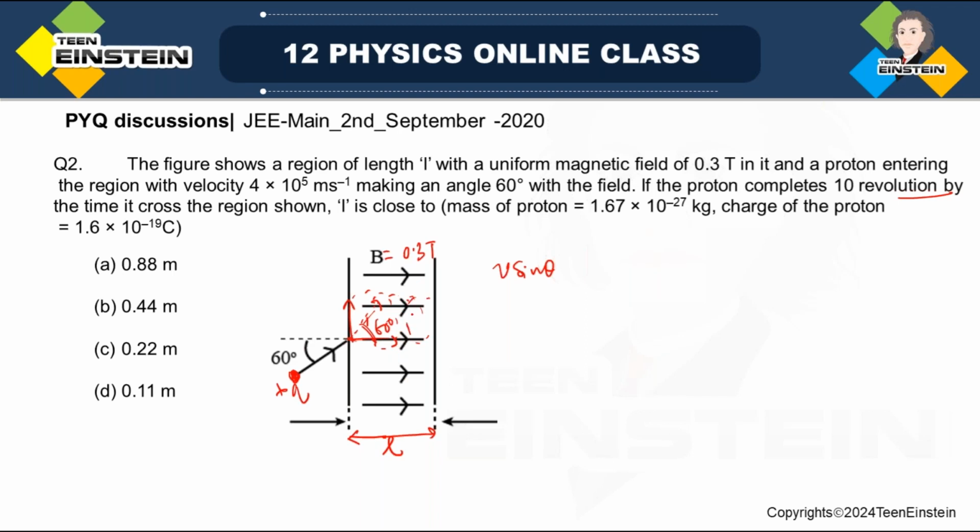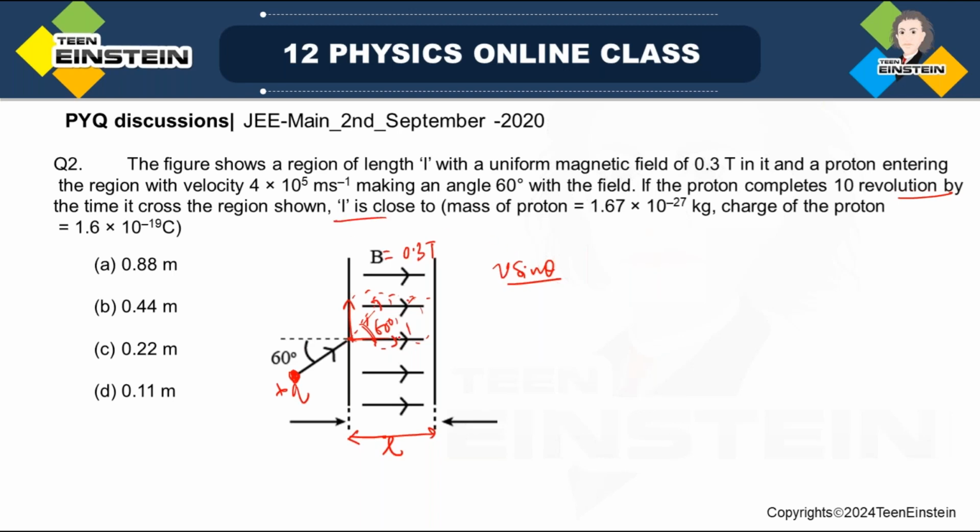Okay, so V sin theta is a term which is responsible for the circular motion. So here I have to find out if the proton completes 10 revolutions. So I have to find out the time it takes for a single revolution. Okay, then I'll get the total time.